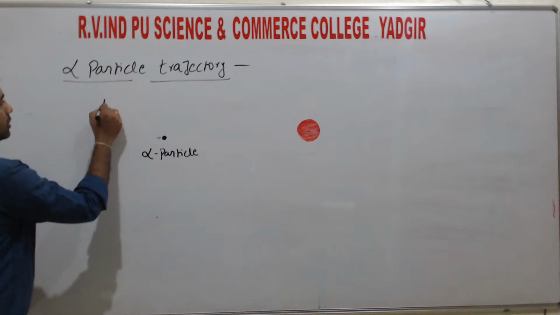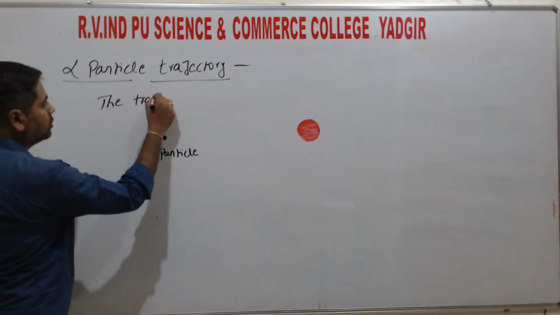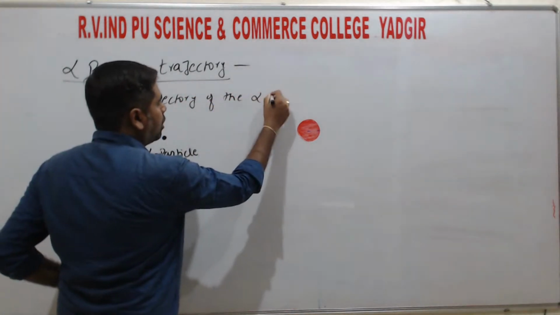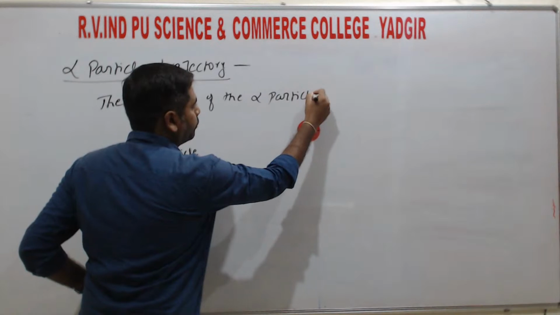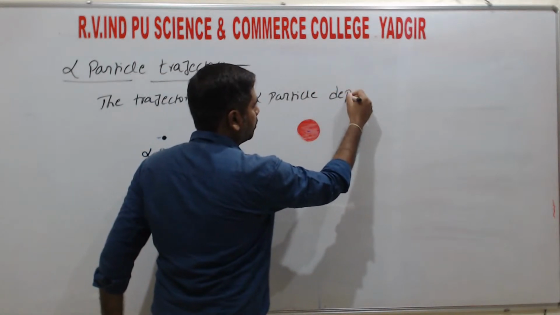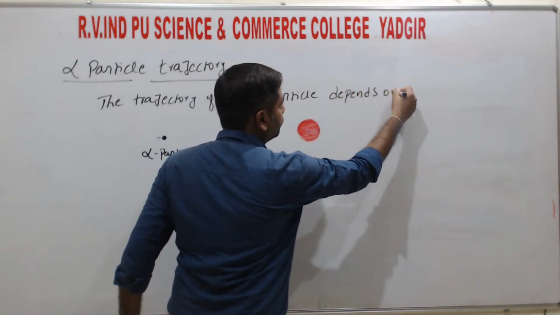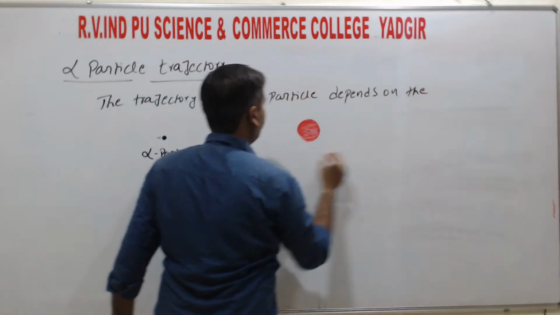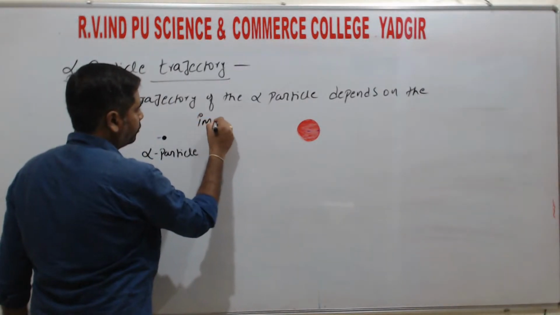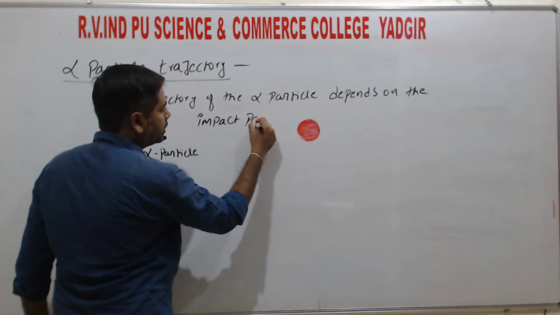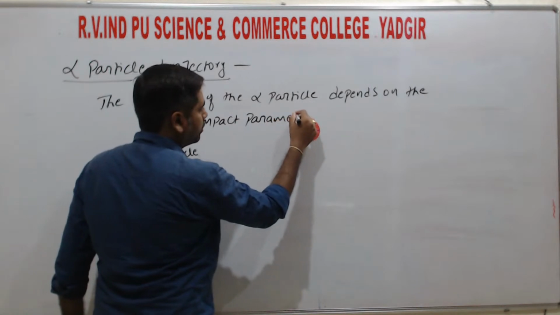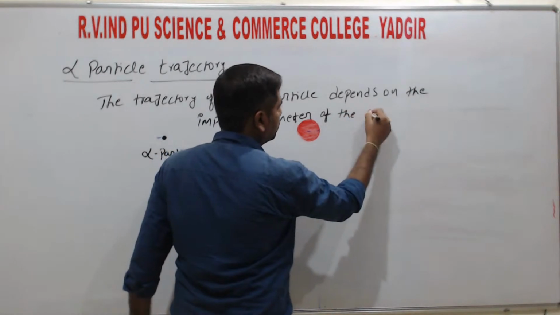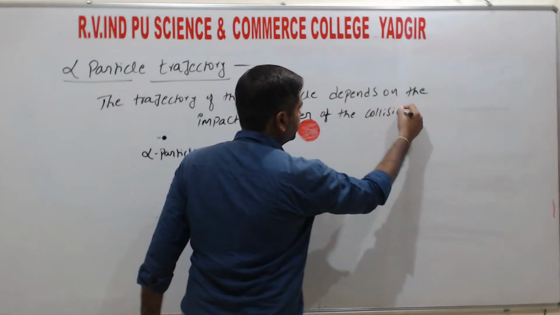That is, the trajectory of the alpha particle depends on the impact parameter of the collision.